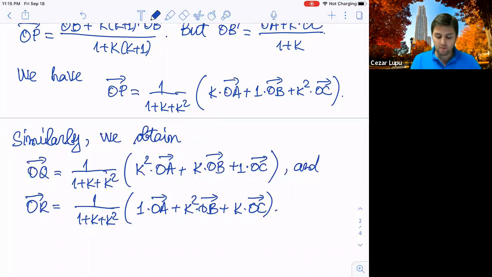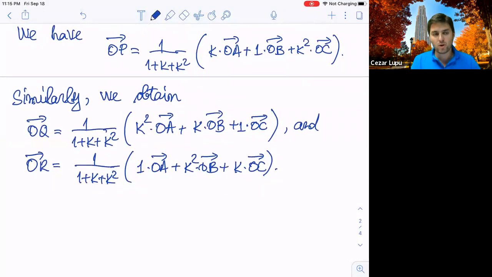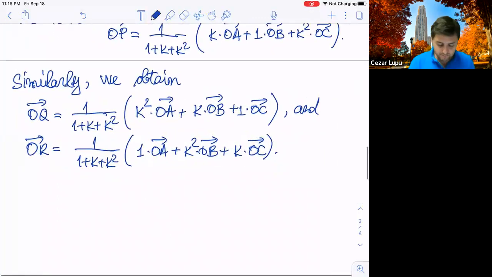What I want to do right now is just look at these vectors, OP, OQ, and OR vectors, and let's remark something here. Like I said, I want to make my life easy, and I would like to introduce something. It's what we call the barycentric coordinates. And you'll see that they're related to vectors somehow. So let's introduce this, and let me explain a bit.